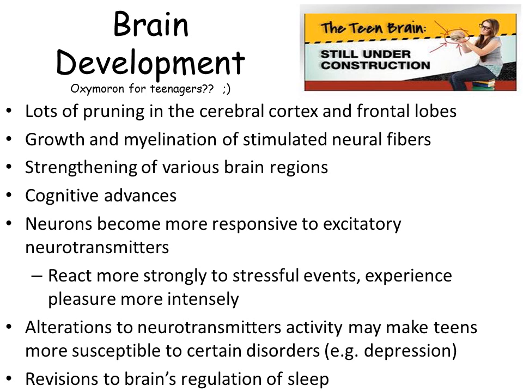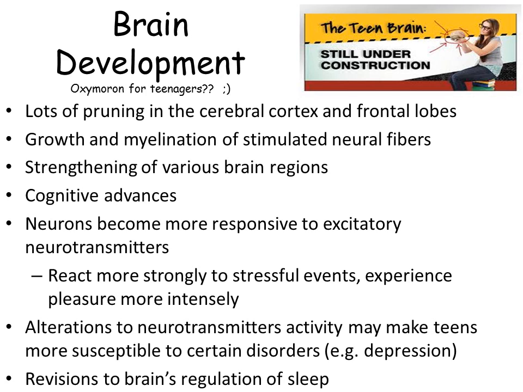We think this is why teenagers react more strongly to stressful events and experience pleasure more intensely. Everything's 100 times, and we think that this is why. There are alterations in the neurotransmitter activity, making teens more susceptible to certain disorders like depression.